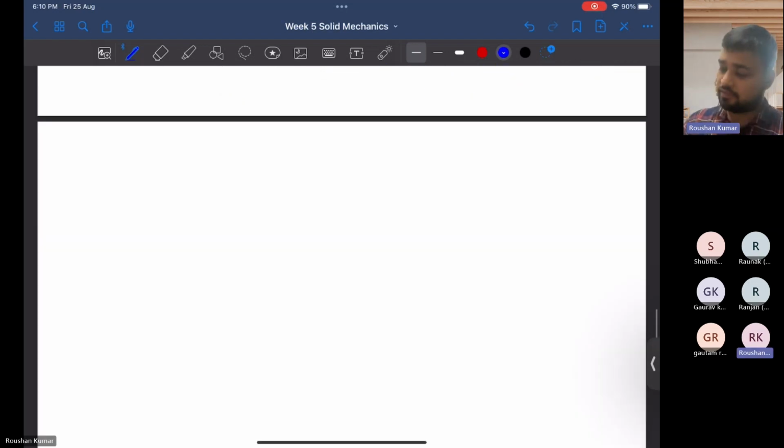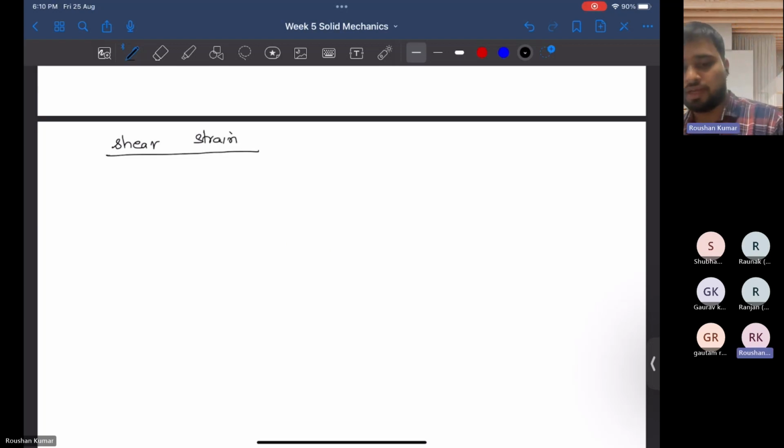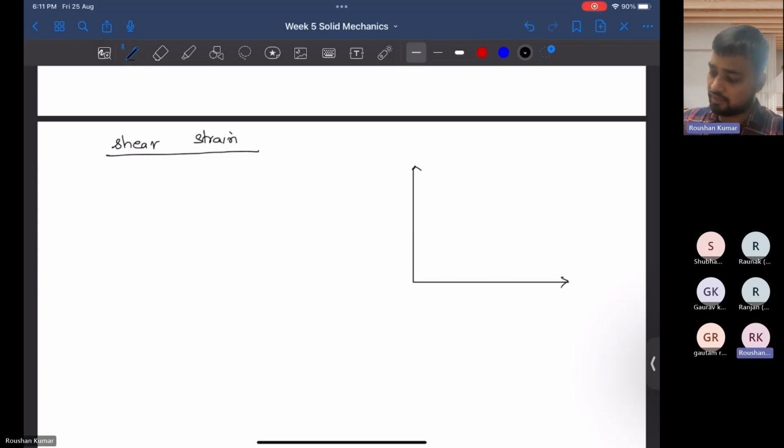The next topic covered is shear strain. Shear strain is nothing but the change in angle between two line elements. Initially the two line elements are perpendicular to each other, but if there is any change in the angle between them, then we say there is a shear strain between the two line elements. Suppose these are two line elements, and after deformation these two line elements become this.